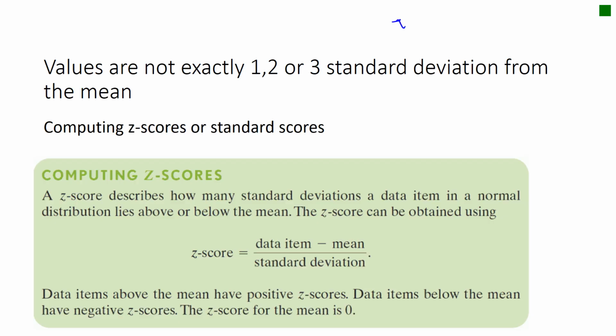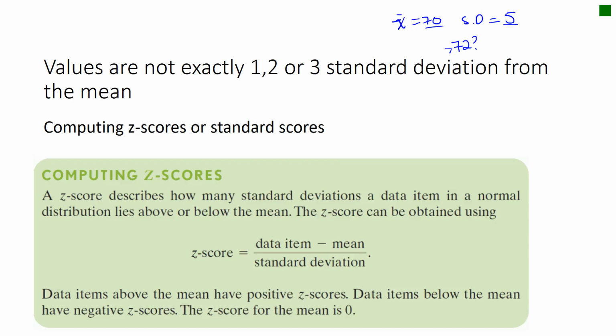If you have a mean of 70 and a standard deviation of 5, and you want to know what percent of data values fall above 72, well, 72 is not 1 standard deviation away, so we couldn't use that 68, 95, 99.7 rule. So instead, we're going to have to use a different method that involves using a z-table.